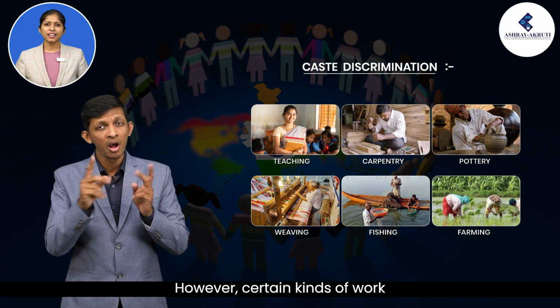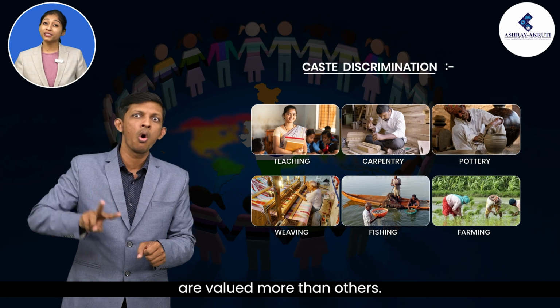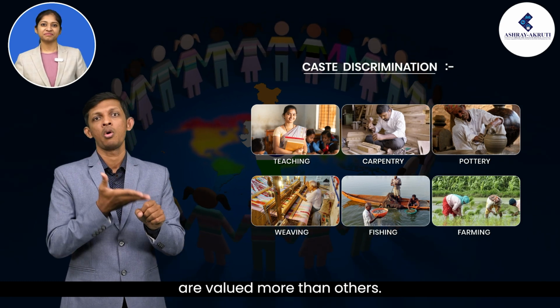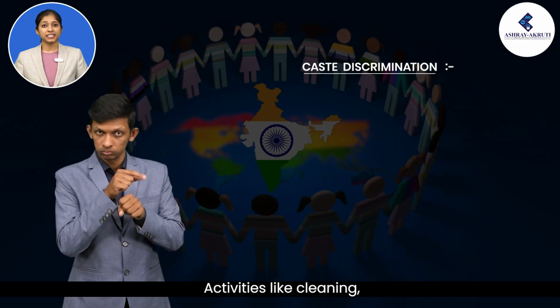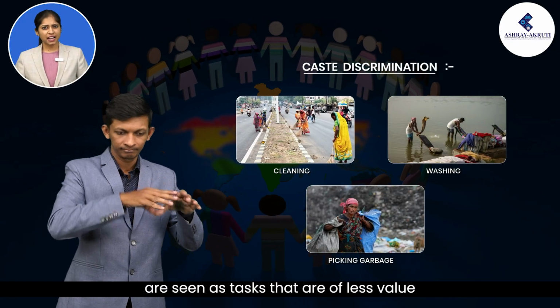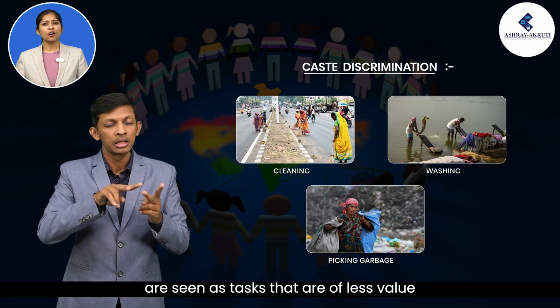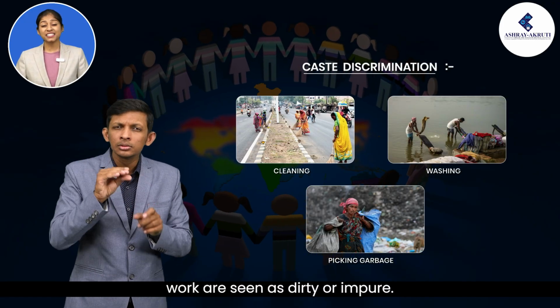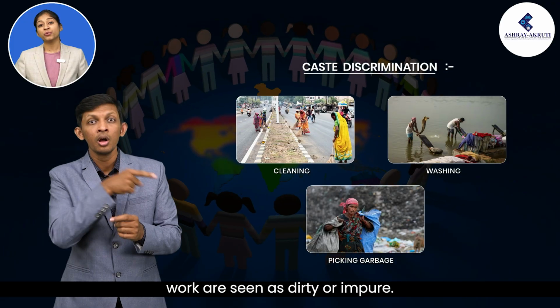However, certain kinds of work are valued more than others. Activities like cleaning, washing, picking garbage, etc. are seen as tasks that are of less value, and people who do this work are seen as dirty or impure.